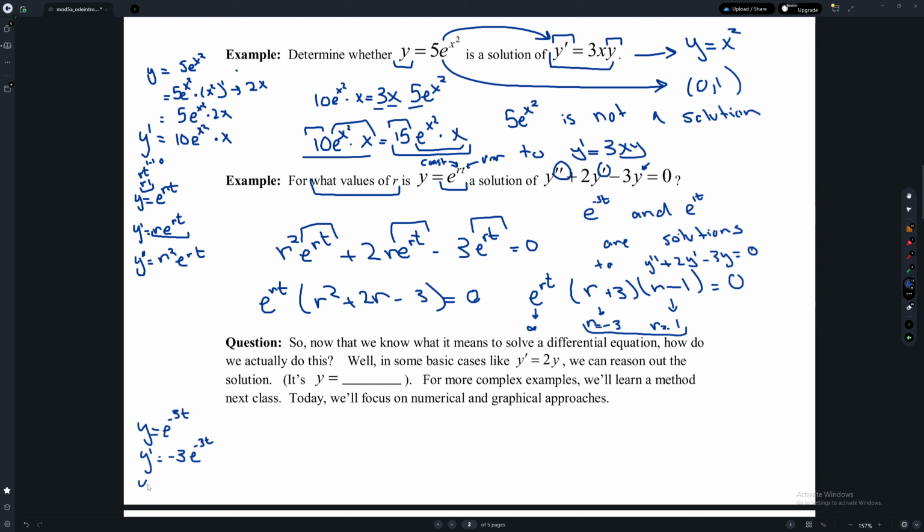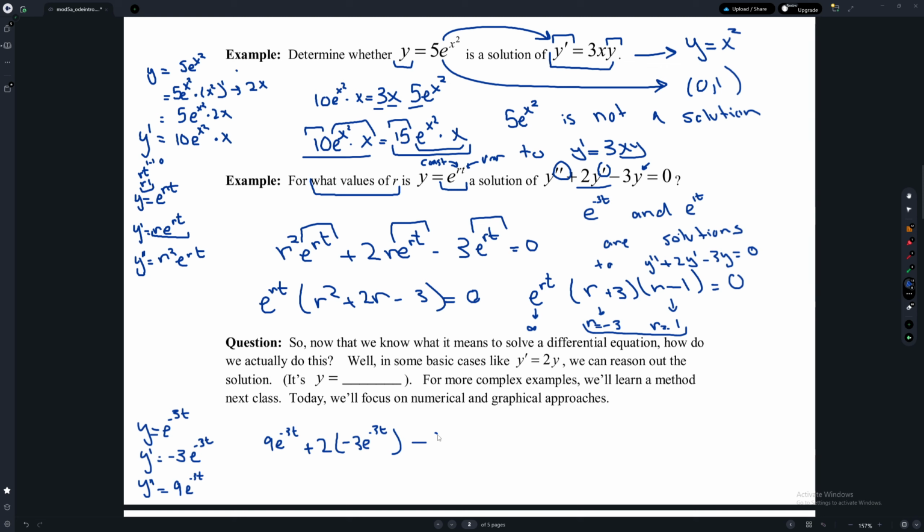And our second derivative would be this, 3 times 3, that would give us 9. Negative and negative, that would be positive. So 9e to the negative 3t. Now we sub them in. And you see what we're going to do is 9e to the negative 3t plus 2 times y prime, the first one, so it would be negative 3e to the negative 3t.